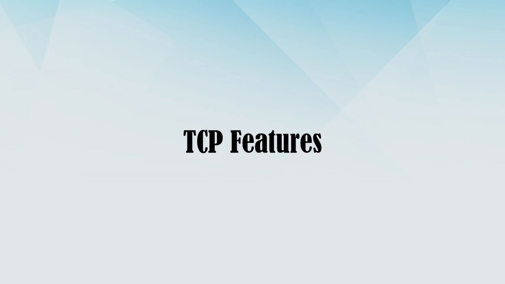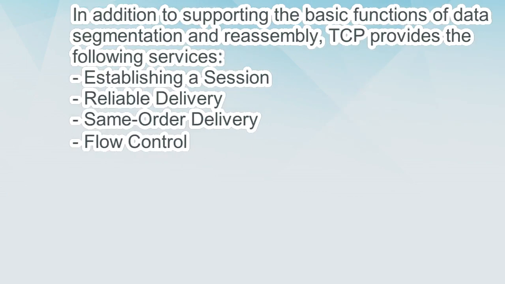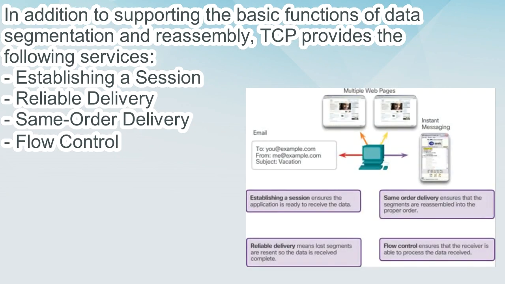TCP features. In addition to supporting the basic function of data segmentation and reassembly, TCP provides the following services. First, establishing a session. Second, reliable delivery. Third, same-order delivery. Fourth, flow control.